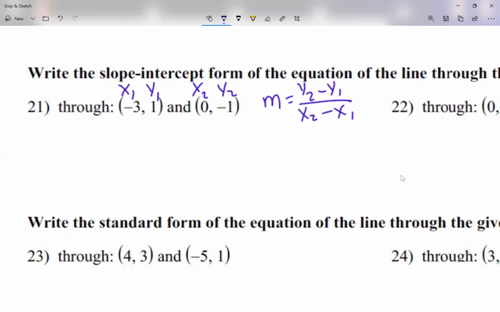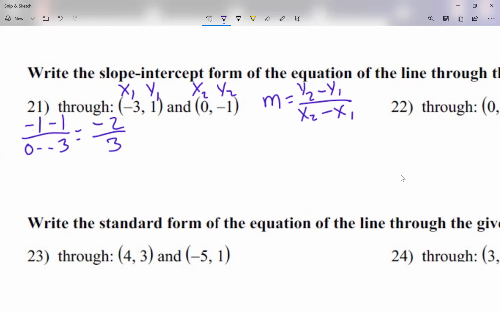Let me replace my values. So I'm going to have -1 minus 1 over 0 minus a -3. That gives me -2 over +3. At the bottom, minus a negative, don't forget to change that to plus.